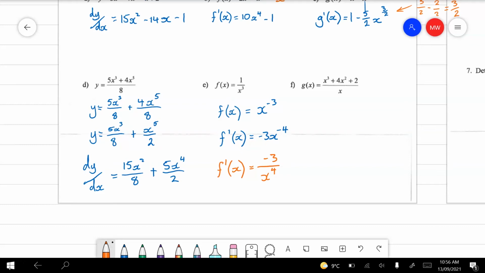And then the last one here, let's have a look at this one. Might start this one by doing a little bit of simplifying. So I'll do something similar to what I did over there in question D. And before we work out the derivative, and I'm jumping to an f here when it's a g, if we just keep it at the original function for a minute and we just break these into individual terms, this is going to be a bit clearer.